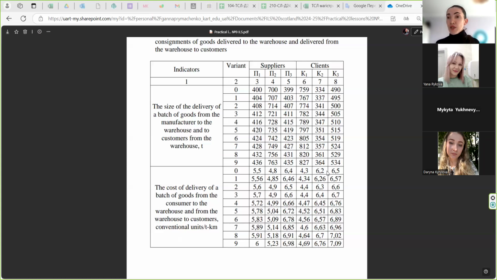First parameter for second client is tariff. So we use the last line in our table 1. For zero variant for second client K2, it is 6.2 conventional units per 1 ton kilometer. For first variant, 6.26. For second variant, it is 6.4. And other, find for yourself.